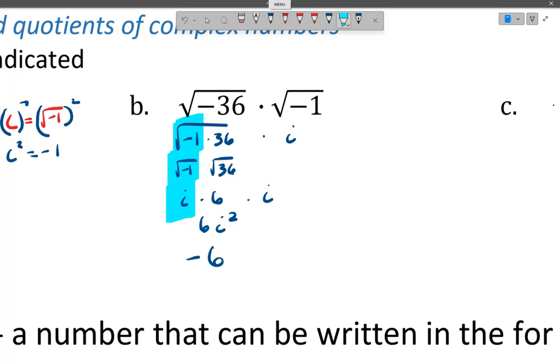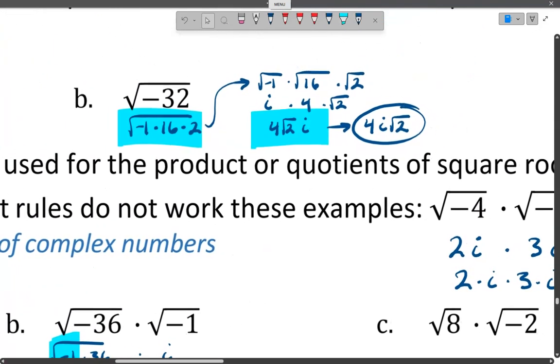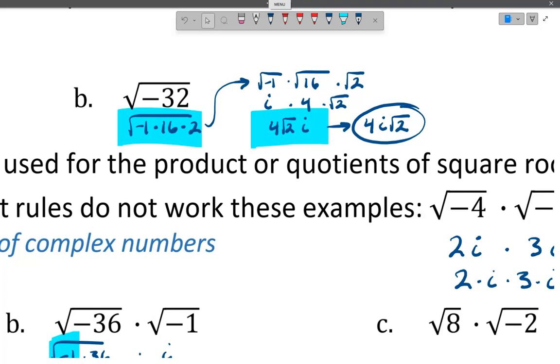On the test, you have to show the work. For something like this, you break it apart like you do your radicals, right? You show me breaking apart your radicals, you include the negative 1. So that part's pretty consistent.